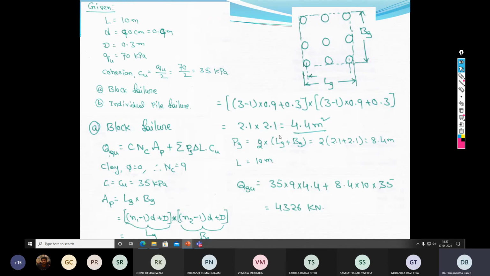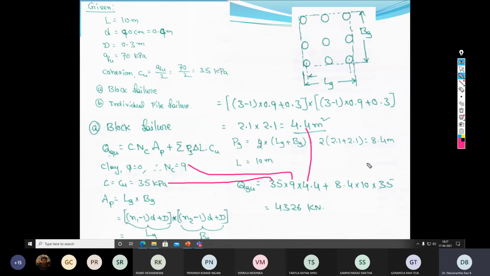So everything is known. Simply substitute in the equation for QGU. CU is 35, NC is 9, and AP is 4.4.